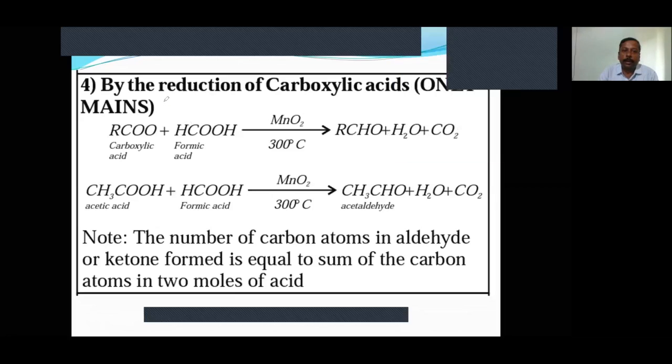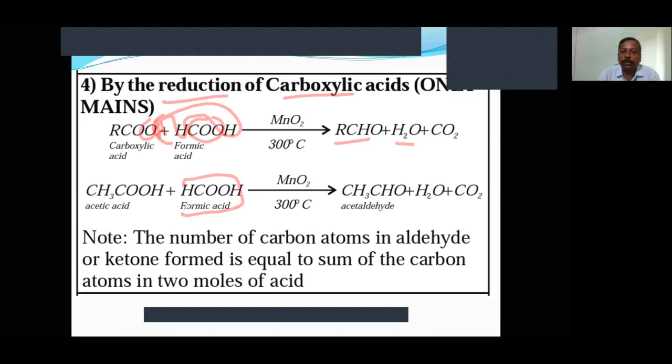Then by the reduction of carboxylic acid. Actually, reduction means removal of oxygen. So this is a carboxylic acid. When you remove the oxygen and hydrogen as H2O, then the aldehyde will be formed. Understood? Same way with formic acid.